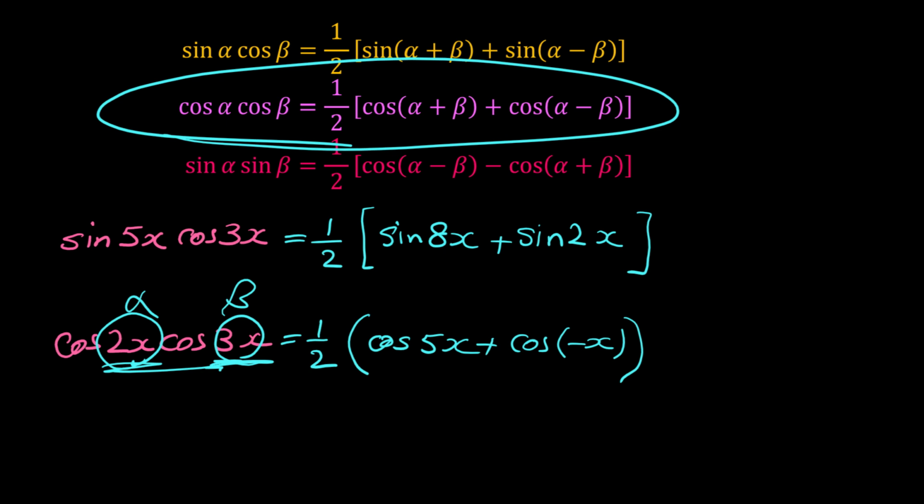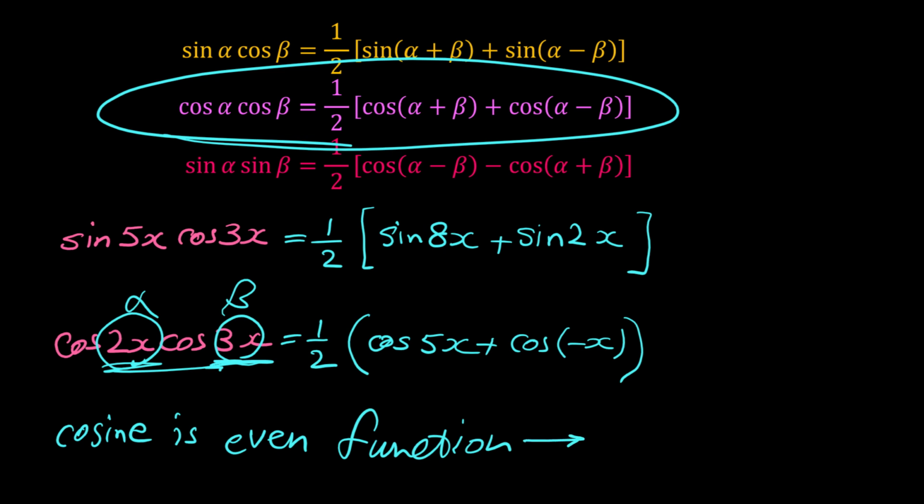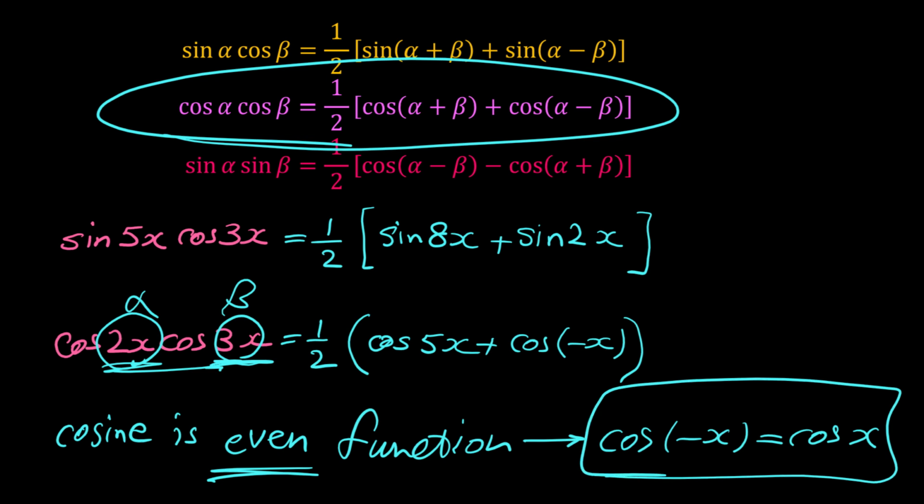But let me tell you something here. Cosine is an even function. When a function is even, it means that for that function, the negative of x is not important, which means that cosine of negative x is the same as cosine of x. When a function is even, it has this property. When we have negative x, it is the same as x.